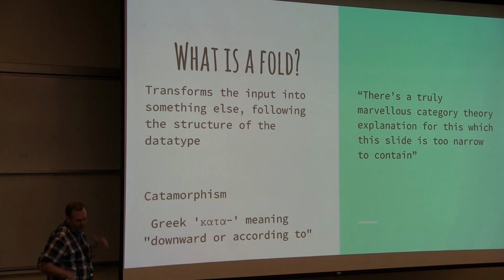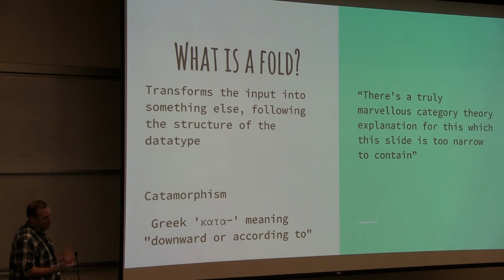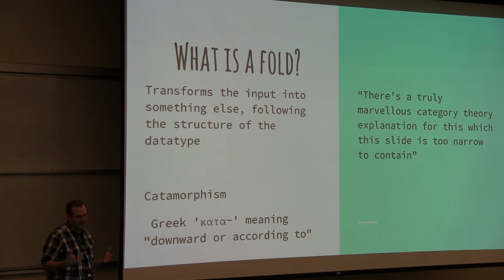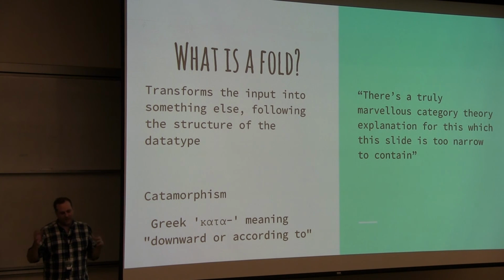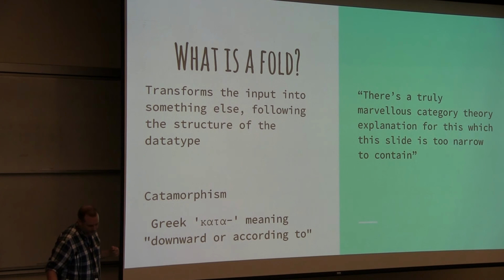So, to go again to the same point, a fold really transforms the input into something else, following the structure of the data type. And if you go into the theory, or go to a Haskell meeting, everybody talks about catamorphisms. Catamorphism is the category theory abstraction of the fold.